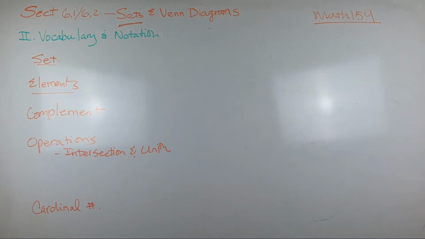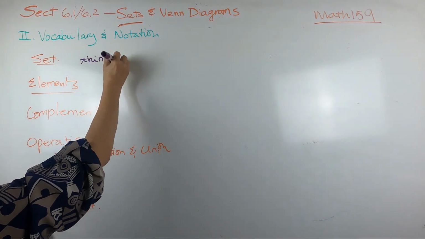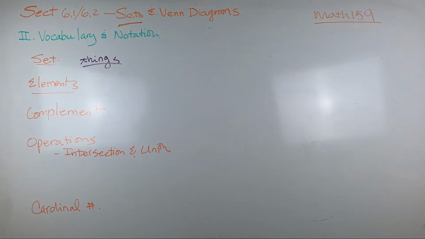So what is a set? A set is a collection of things, a bunch of things put together. We call it a set.